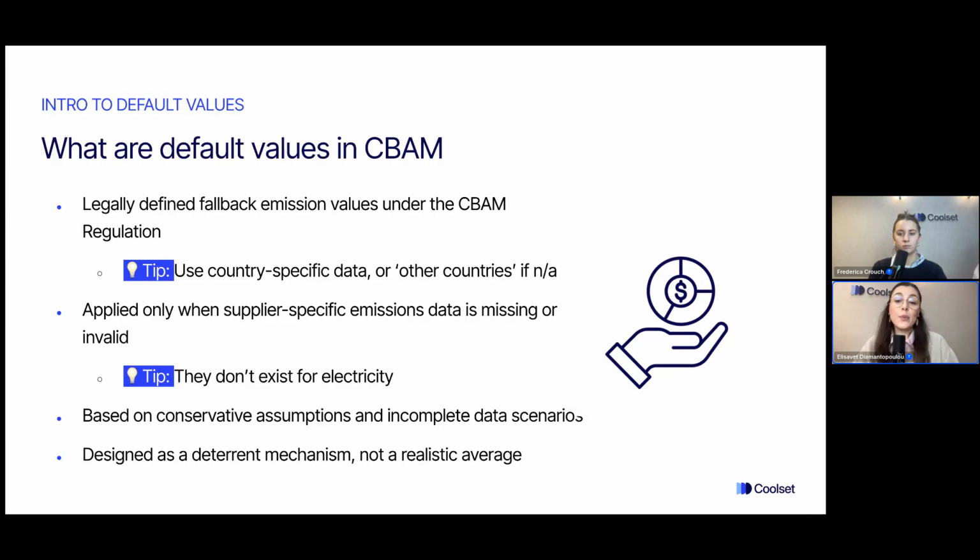And one interesting point on default values at first glance is that they're not designed to represent any sort of realistic average value of these installations. We have noticed that there are specific reports that already mention that using default values could lead to even 30 to 60% higher emissions than using actual data.